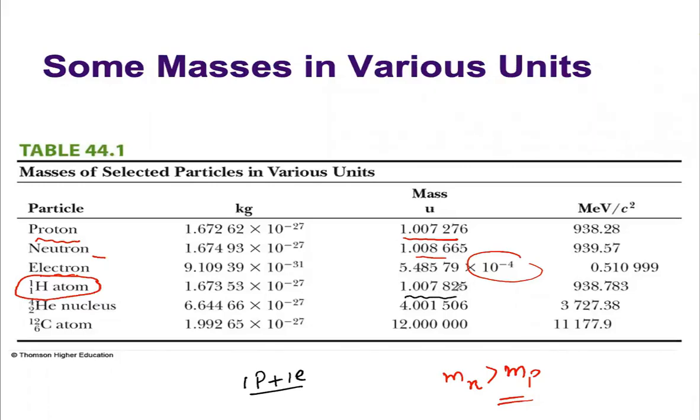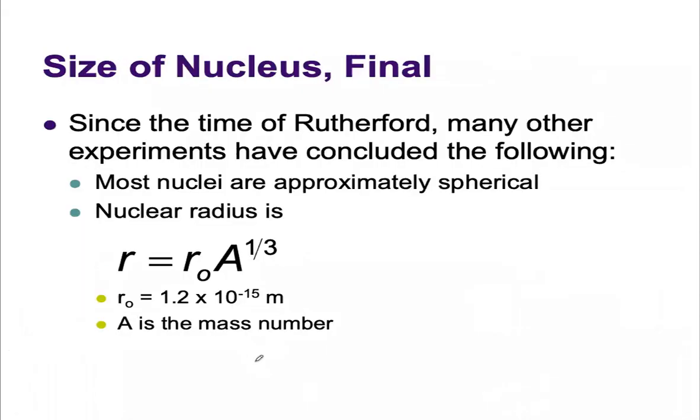You can compare the value of the proton mass with this hydrogen mass, and it has increased slightly, and that is due to the mass of electron which we have added. So by adding the mass of the electrons present and the mass of the nucleus, you can find out the total mass of an atom.